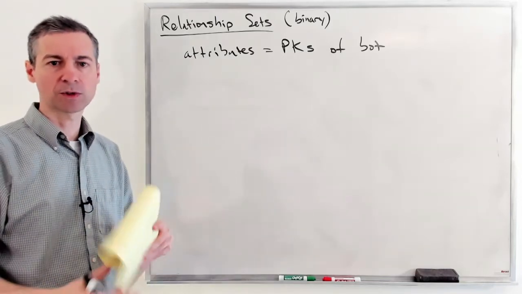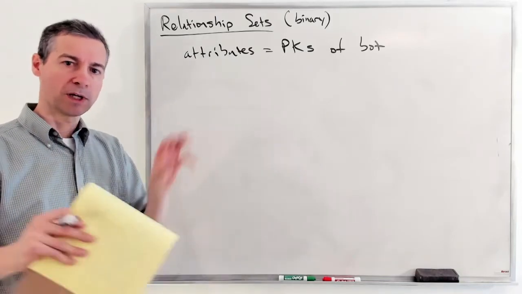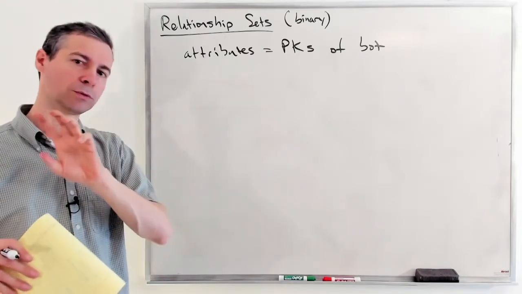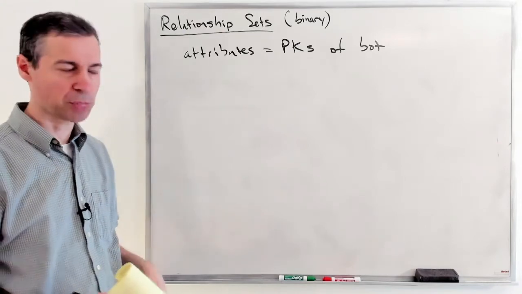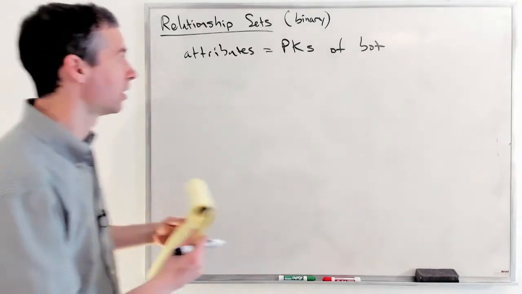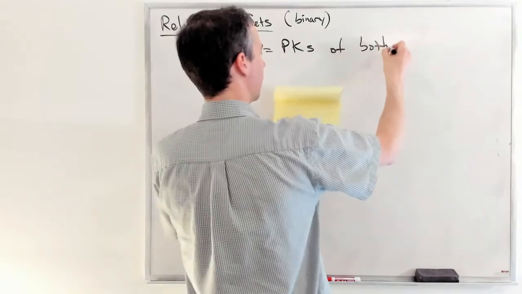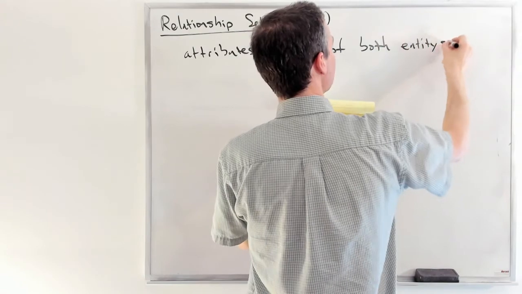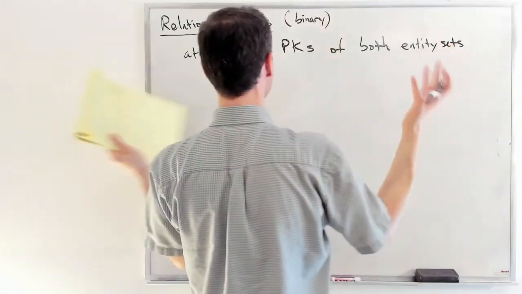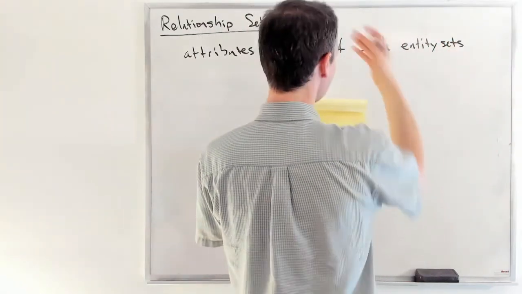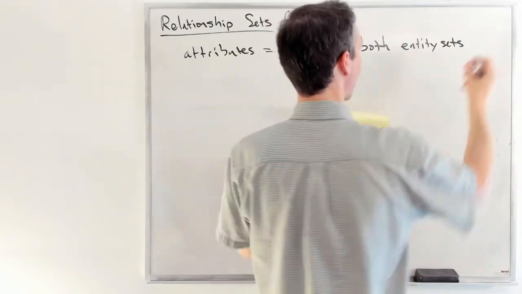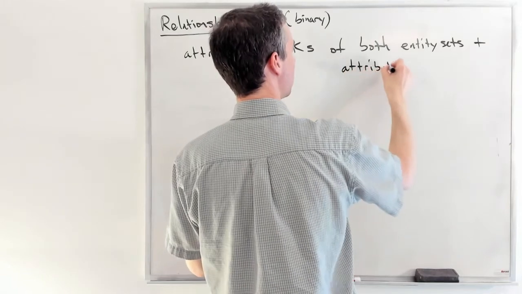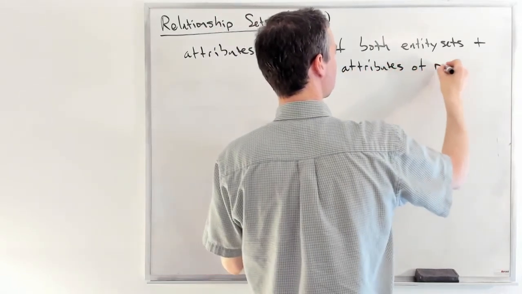I'm always dealing with the ones where we've got a relationship set, and we have an entity set A that relates to entity set B, like we've shown in the previous lectures. So again, we have the relationship connecting two of these. It's a binary relationship, plus the attributes, if we have any, of the relationship.